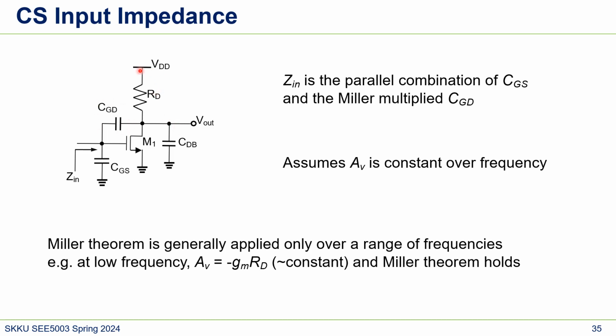We're not considering these parts. And assume that the gain is constant over our frequency of interest. Miller theorem is generally applied only over a range of frequencies. For example, at low frequency, low enough that the gain is around this value, and then Miller theorem holds.